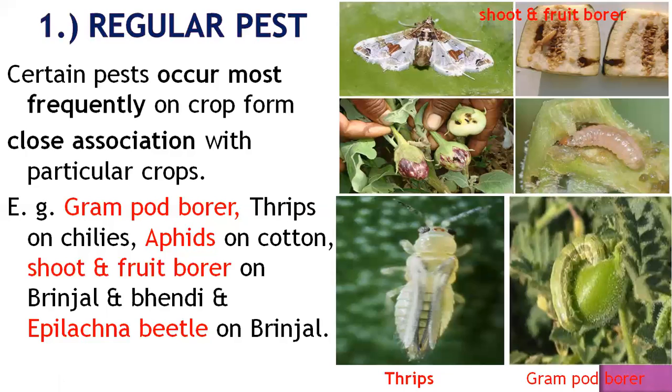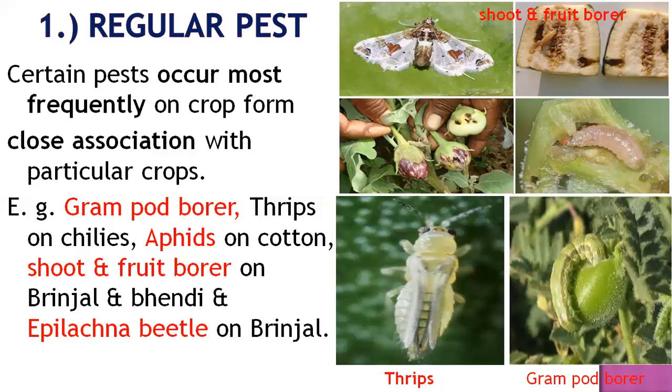The definition of a regular pest is that these pests occur most frequently, regularly on different crops, and have a very close association with that particular crop, so they are commonly called regular pests.